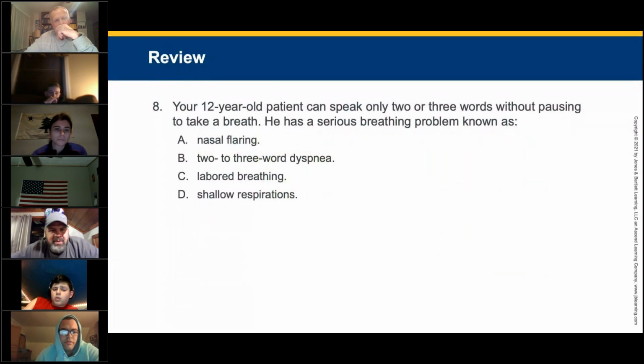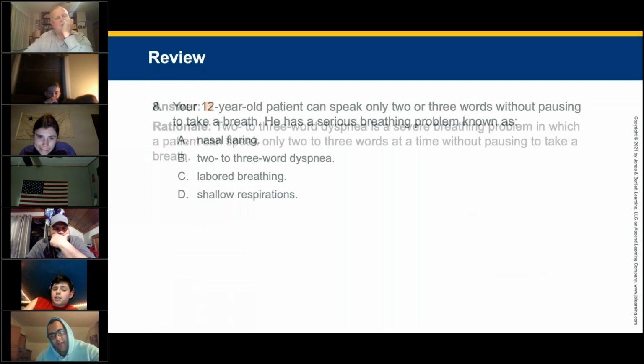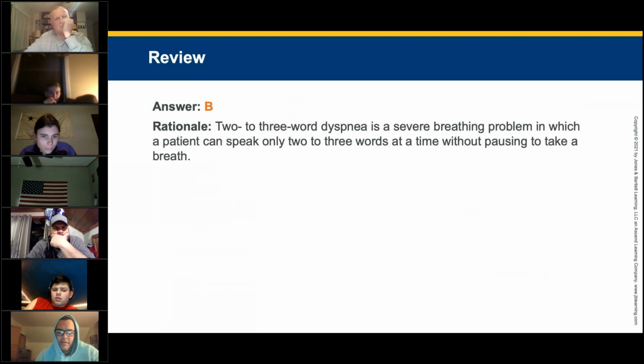Your 12-year-old patient can speak only 2 or 3 words without pausing to take a breath. He has a serious breathing problem known as... Very good. B. 2 to 3 word dyspnea.